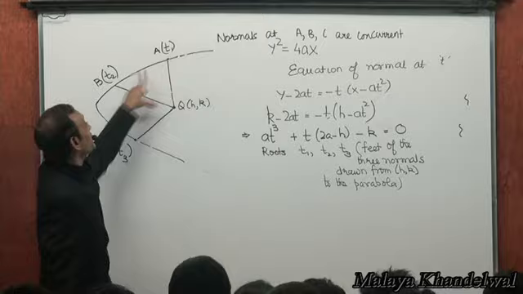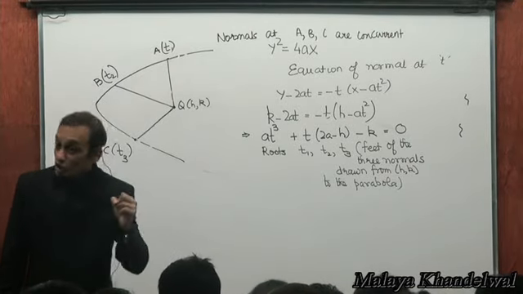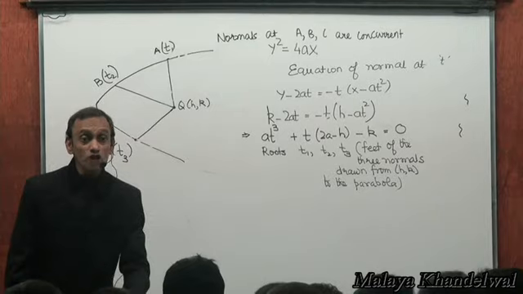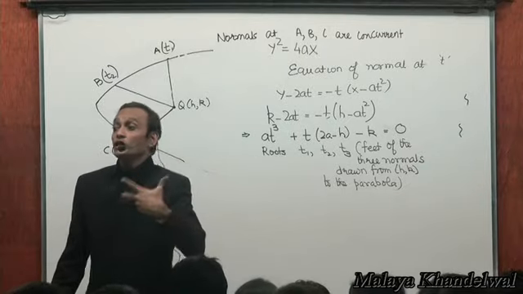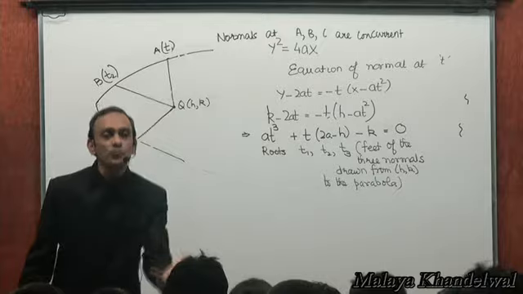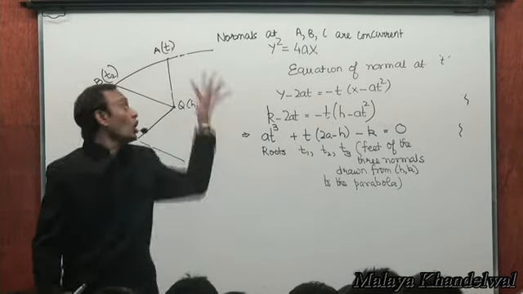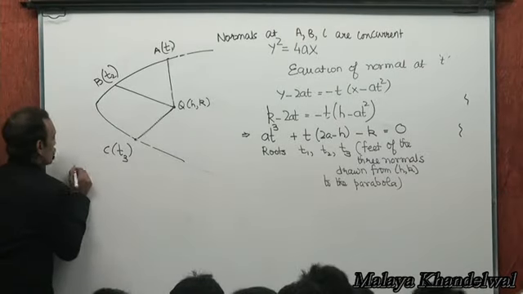So, normals at ABC, these are 3 special points having the property that normals at these points are a bunch of concurrent lines. These normals at ABC, if they are concurrent, then these 3 points are referred to as co-normal points. ABC then are referred to as co-normal points.